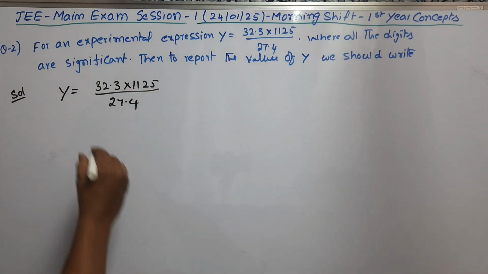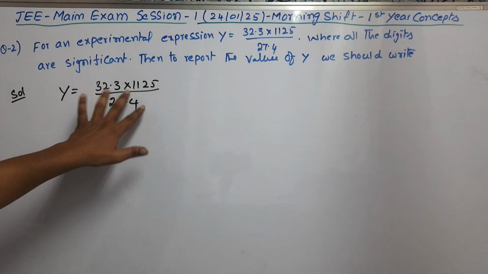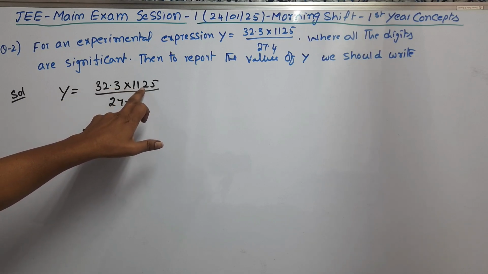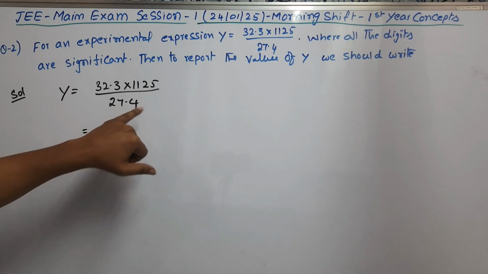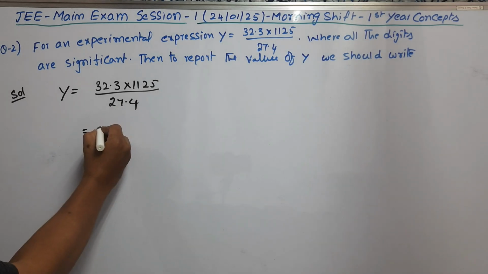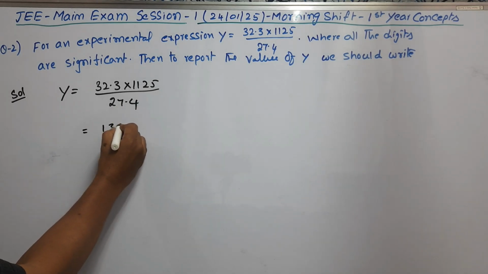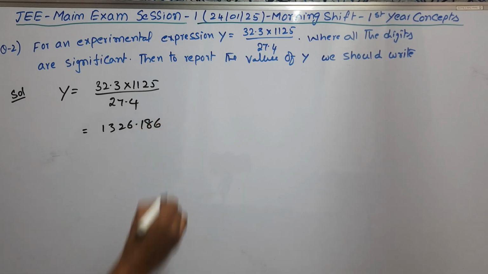While multiplying 32.3 into 1125 and dividing by 27.4, we get the value 1326.186.